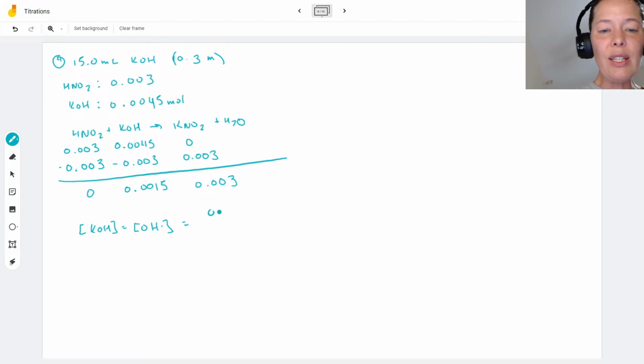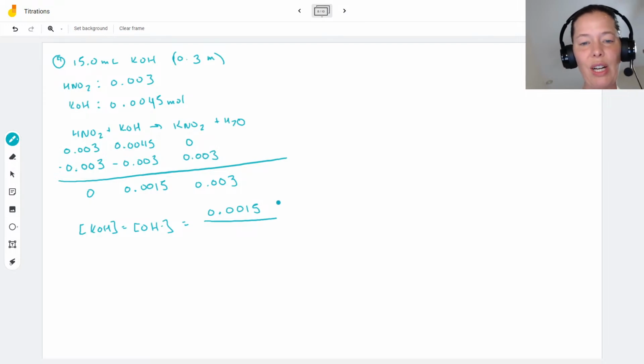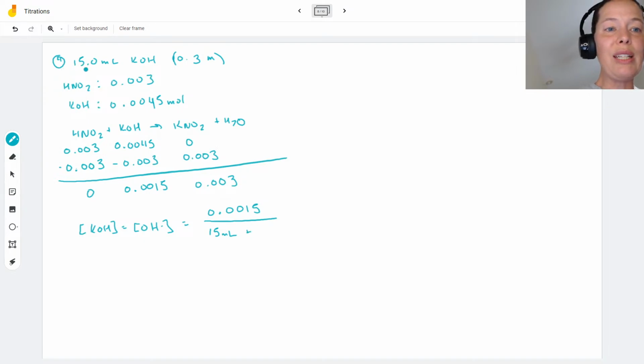So for this, we're simply going to take our moles of potassium hydroxide, which is our moles of hydroxide, and divide it by our total volume. Again, this is where people get tripped up. Remember, we started with a 15 milliliter sample of our weak acid, our nitrous acid, and at this point in step 4, we have added a total of 15 milliliters of potassium hydroxide.